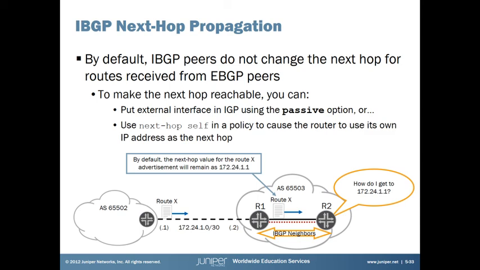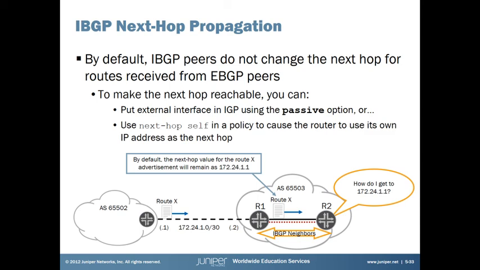One of them is to include the external interface on R1 in the IGP. The interface that is actually connected to that BGP peer could be included in our IGP as a passive interface.